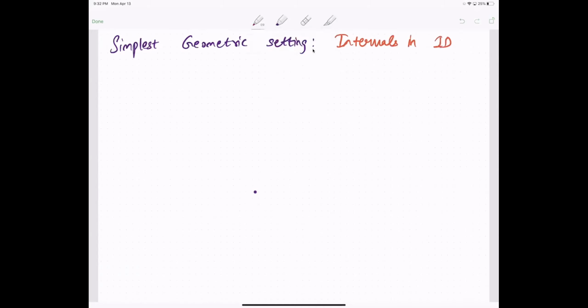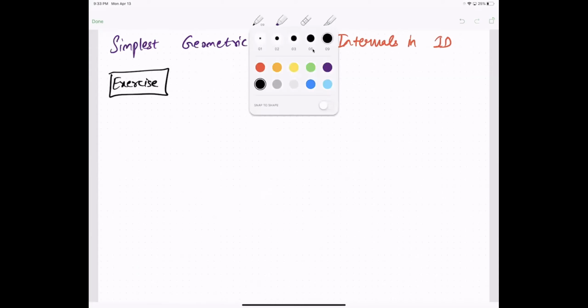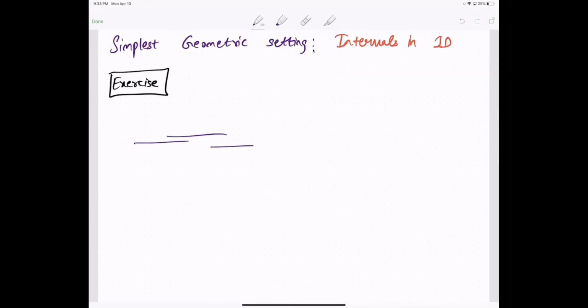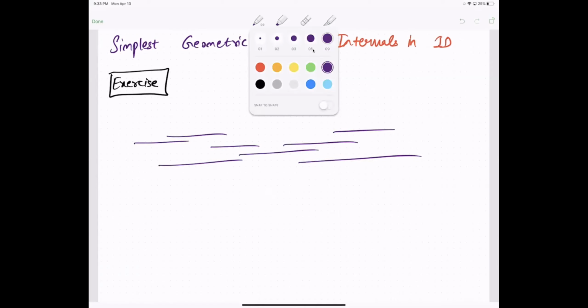Let me just draw it out. You have a bunch of intervals like this. It's a good exercise for everyone, and it's not very difficult, a simple solution.